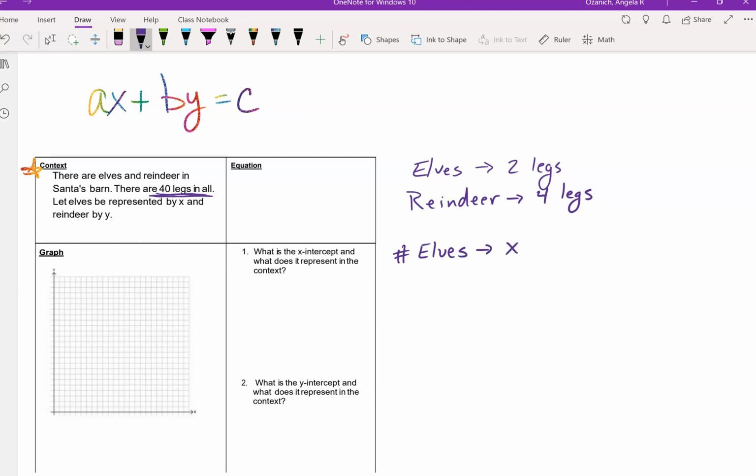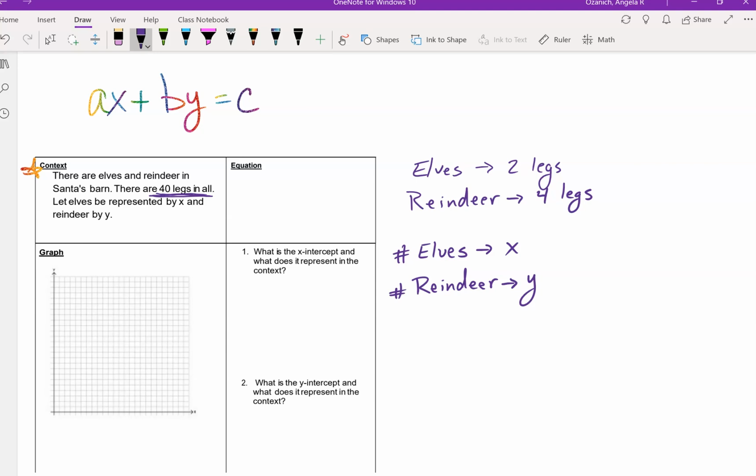Let's assign that an x variable. And the number of reindeer. It's always important when you're working on applied problems that you assign your variables to mean something, so you know what you're actually looking at here.